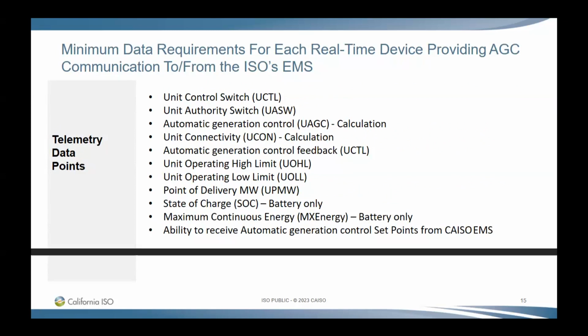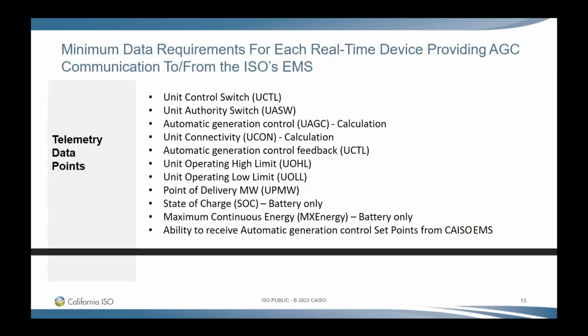There are some minimum data requirements for telemetry data points that need to be provided for the AGC to be able to communicate to and from the ISO's EMS. So here you have several terms.